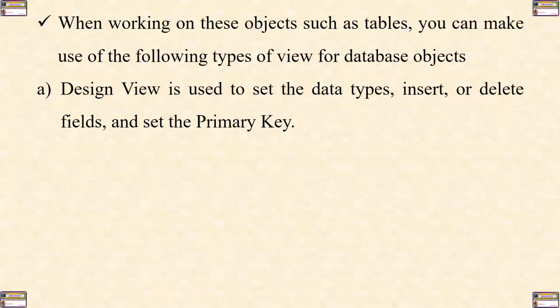One of the views is what we call the design view. The design view is used to set the data types, insert or delete fields, and even set the primary keys.